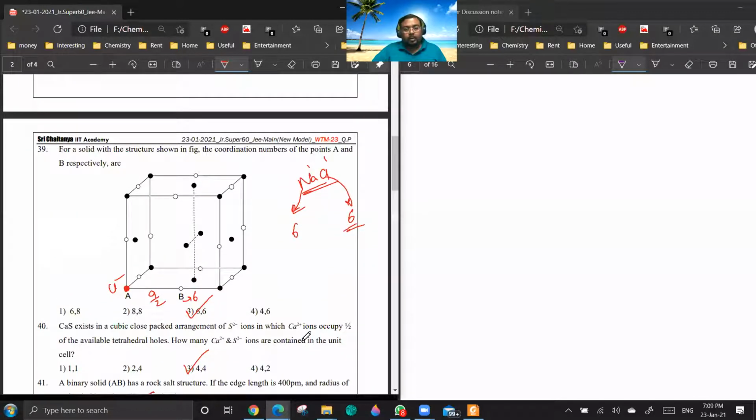Yeah, body center is not occupied. It's okay. But still, if you are looking at this atom as reference, what is the nearest atom? It is at a distance of a/2 only along one of the axes. So using that logic, also the answer will be 6 only. Are you getting a point?